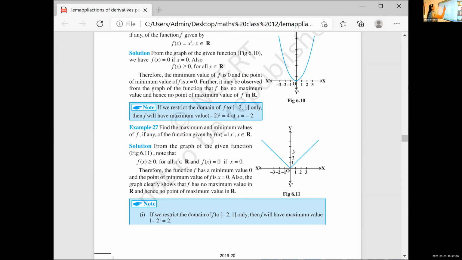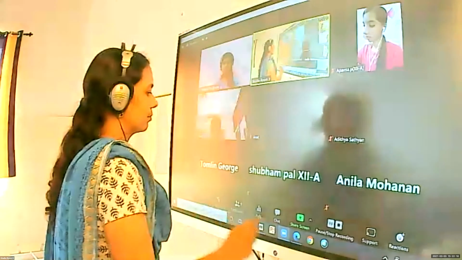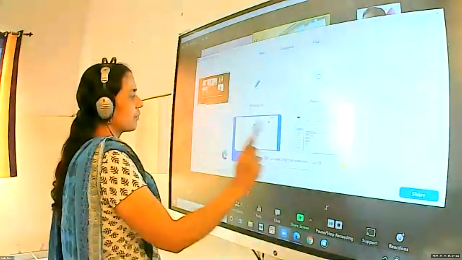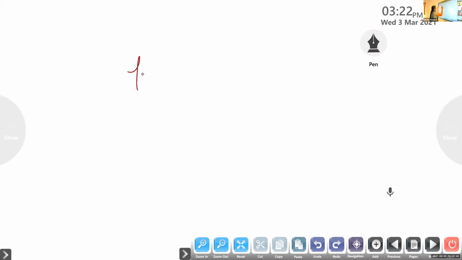Now listen, children. Suppose f of x is defined like this: f of x is equal to modulus of x, where x belongs to the closed interval 1, 4. Now, can you give me the maximum value and the minimum value? Yes.